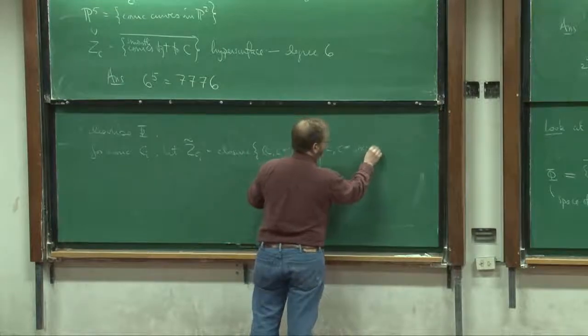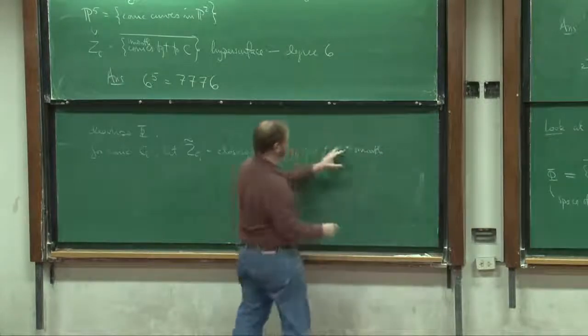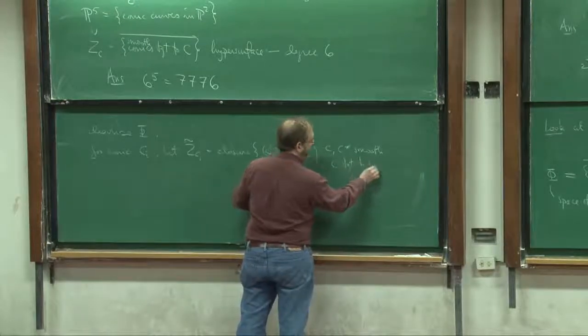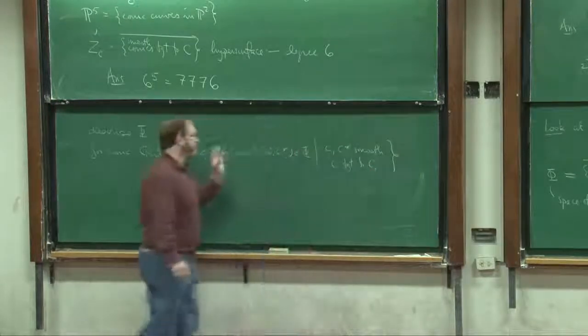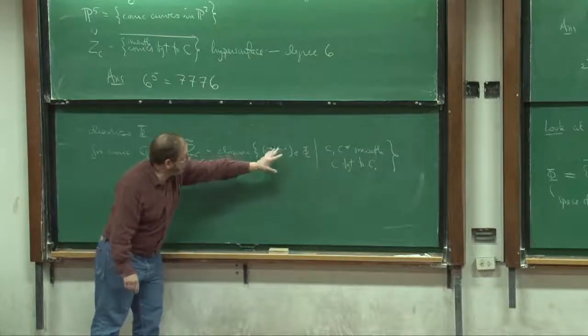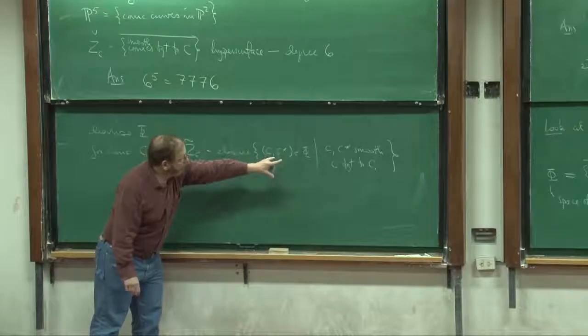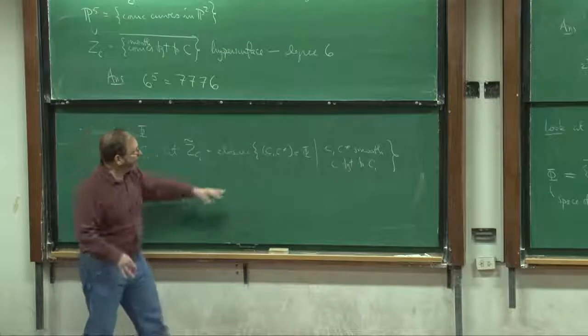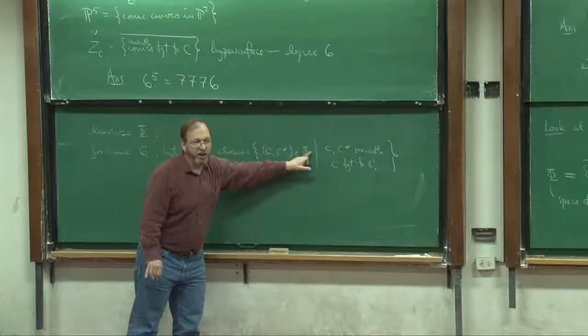So this is in the original open subset of pairs of smooth dual conics, and C is tangent to C_i. So I'm going to take the hypersurface that I'm interested in, smooth conics tangent to C_i, and I'm going to take the closure not in P5, but in this, so to speak, larger variety Phi.